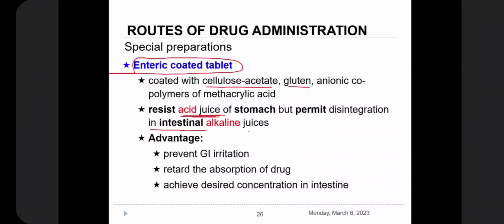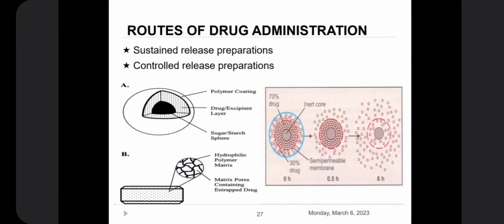So if we want to avoid the irritation of the drug to our stomach, we can use these special preparations, enteric coated tablets. Next are the sustained release preparations and the controlled release preparations. Around the drug there are special materials like polymer and hydrophobic polymer matrix coating the drug.